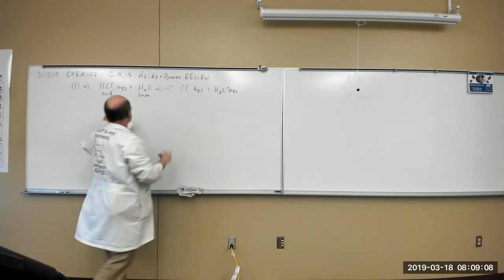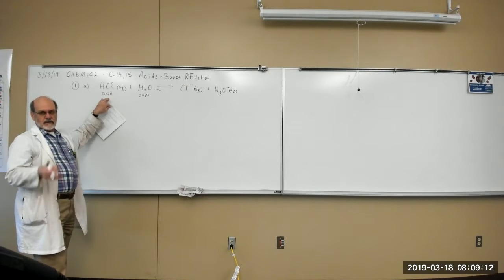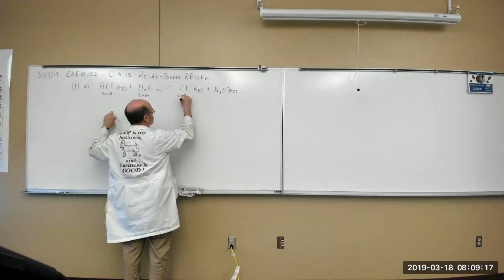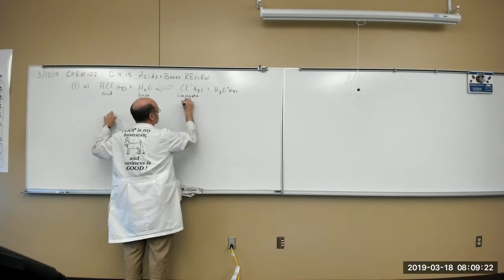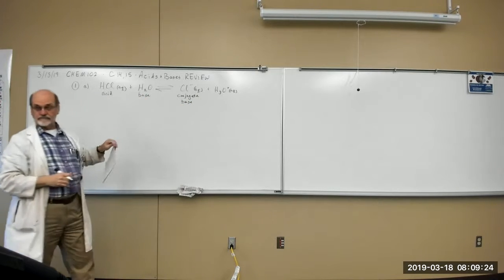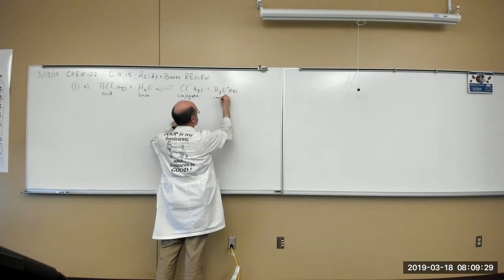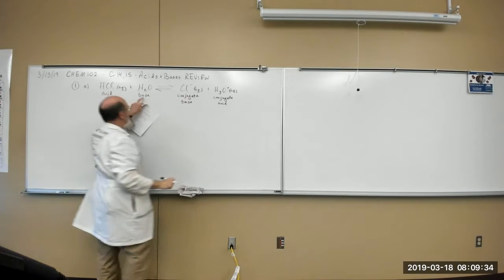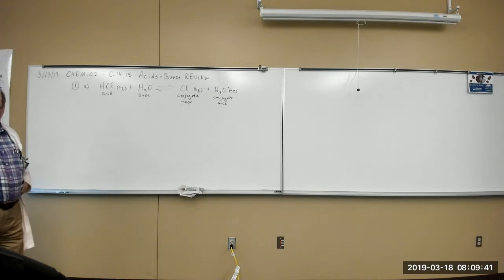Right? So when an acid loses the proton, it becomes its conjugate base. So this would be the conjugate base of that acid. And that makes this the conjugate acid of that base. So when the question says, what are conjugate acid-base pairs?